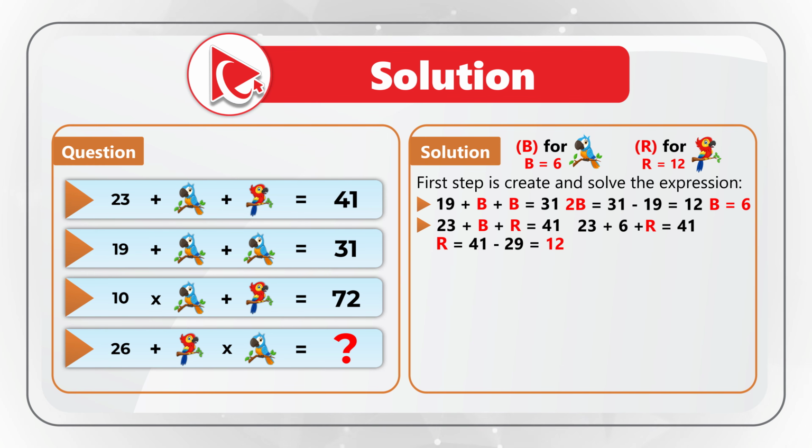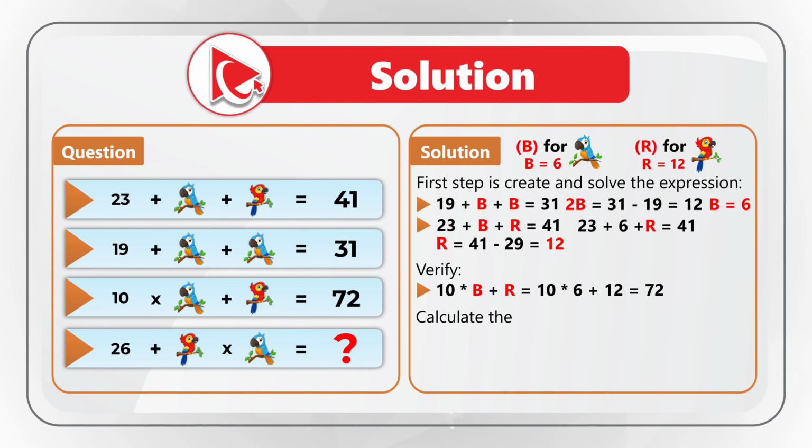Technically, we don't even need the third expression, because having the first and second expressions allows us to solve both variables. But let's use the third expression to verify that our calculations are correct. 10 multiplied by blue parrot B plus red parrot R equals 10 multiplied by 6 plus 12. 10 multiplied by 6 equals 60, 60 plus 12 equals 72.